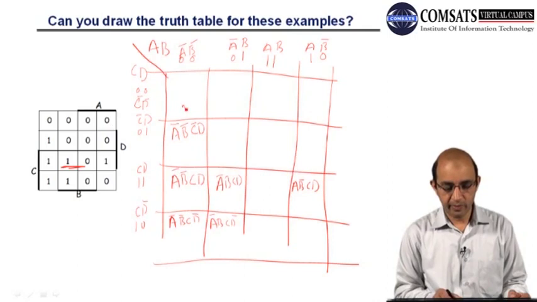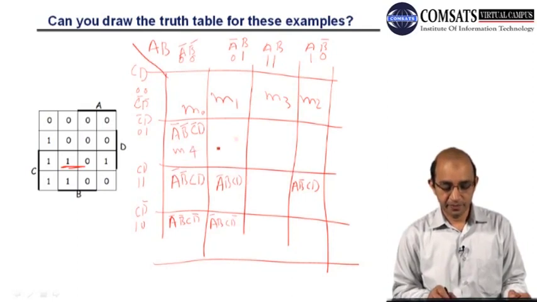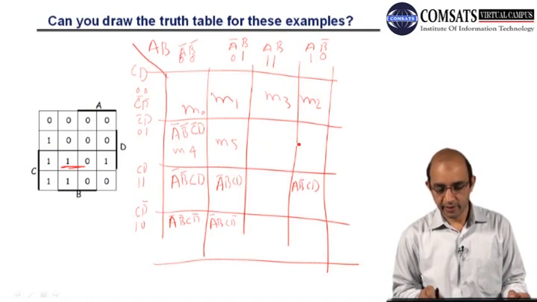So if you start from m0, the min terms, and this is m1, and then we make a jump, m2, m3, and here we have m4, m5, and then we will be having m6, m7.